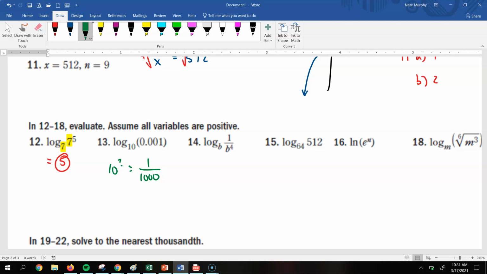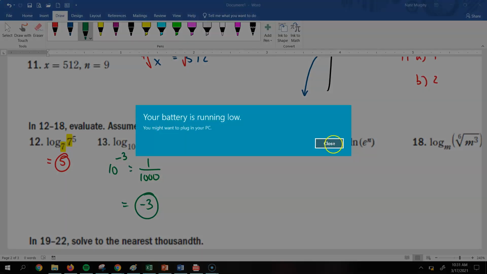The exponent that we'd apply to 10 to get 1 over 1,000 would be a negative number, because a negative would make that into a fraction, 1 over 10. And then what exponent would I apply to 10 to get 1,000? Well, that would be 10 cubed. So 10 to the negative 3rd power would be 1 over 1,000. So log base 10 of 0.001 would be -3.